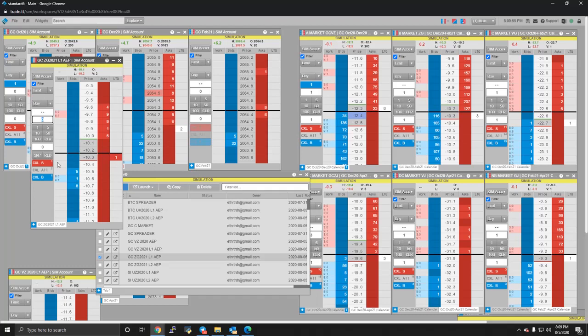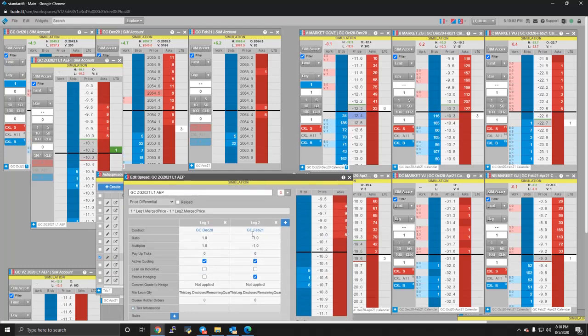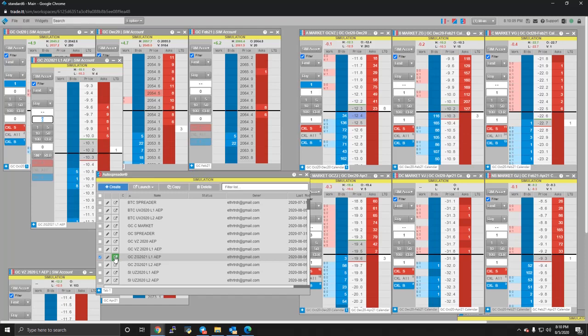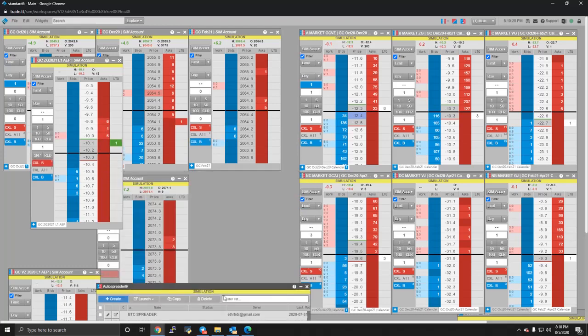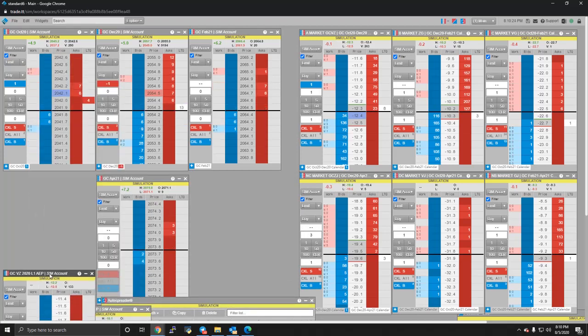And I'm going to need to put this first. Let's edit it and expand our quoting into February. And now let's see here if that worked. 9.6, minus 10. All right, let's clean this view up a little bit so we can grasp the strength of this strategy.